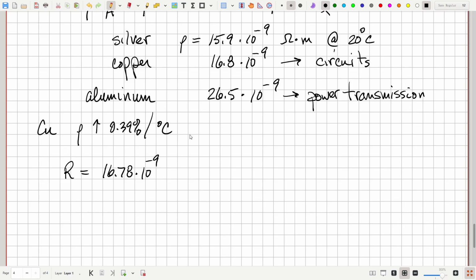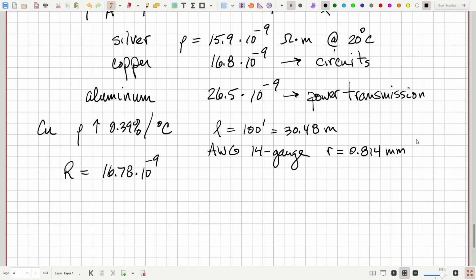And let's take a length of 100 feet, which is 30.48 meters. And let's consider so-called AWG, American wire gauge wire of 14 gauge, which is very common in extension cords and household wiring. That has a radius of 0.814 millimeters.